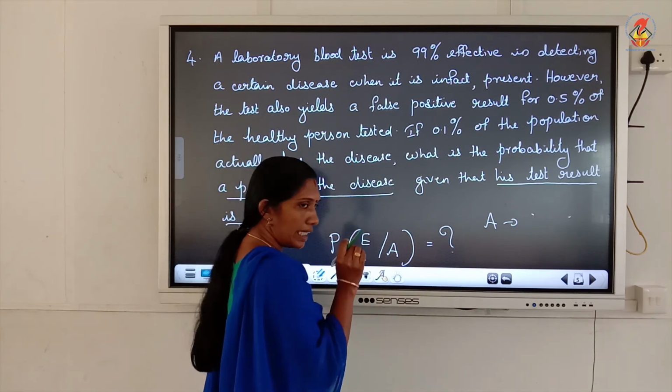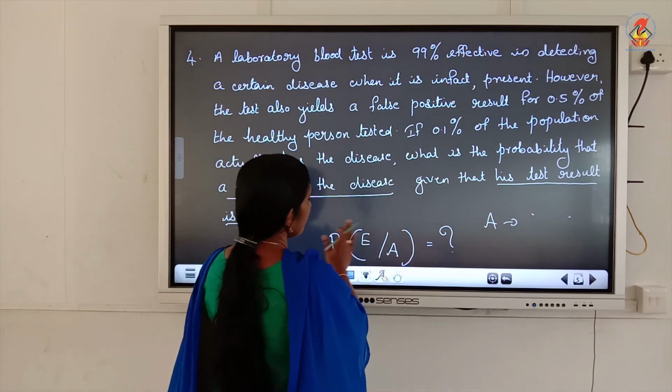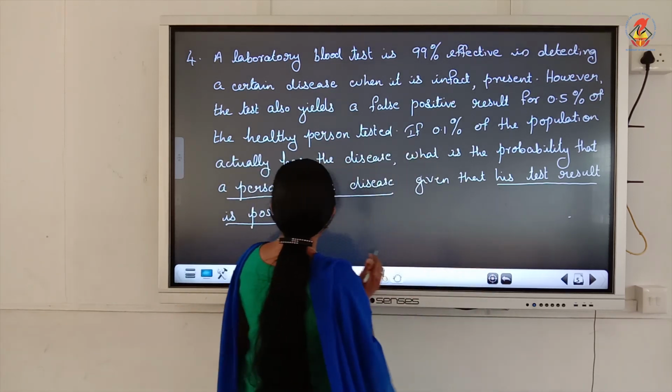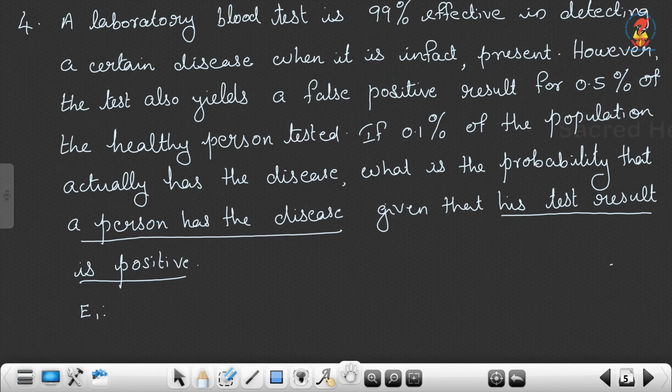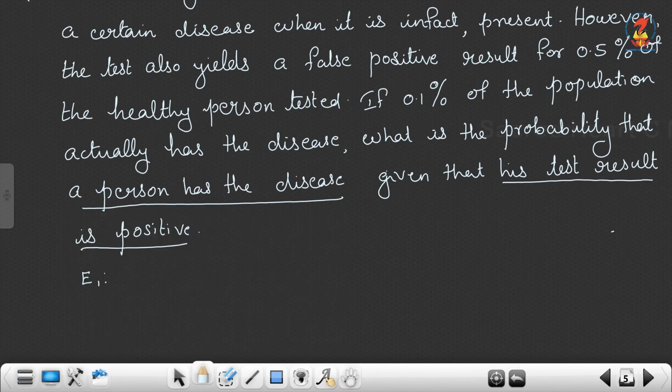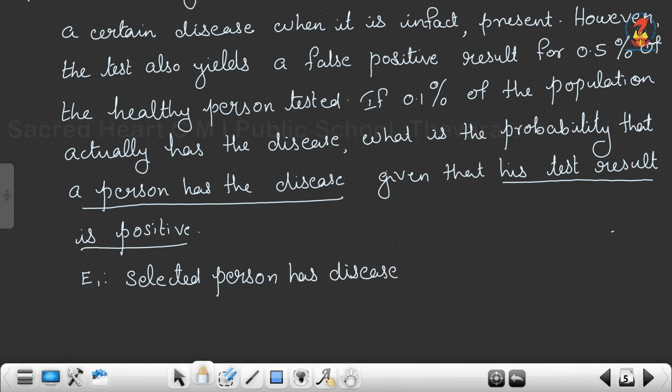So we can define E1, E2 and A. E1 is the selected person has the disease. We select a person and the person has the disease. That is E1. E2 means the person has not the disease, he is a healthy person.